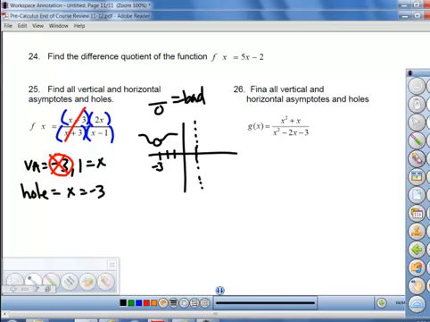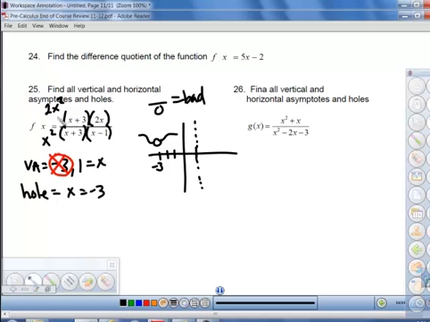Now a horizontal asymptote we can find by first determining what the highest degree is up at the top and what the highest degree is at the bottom. If we were to multiply this, this would be 2x times this, so our leading term would be 2x squared up top. Down here this would be x times x, that's going to be x squared.